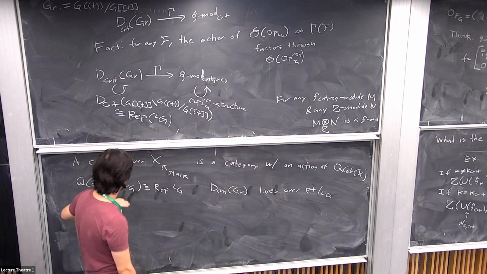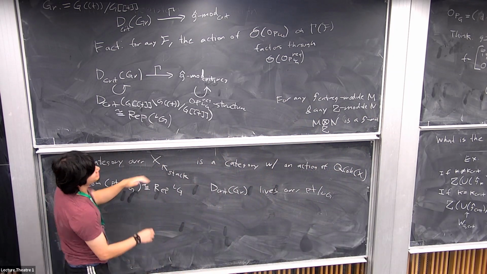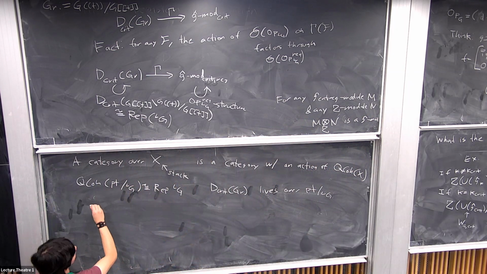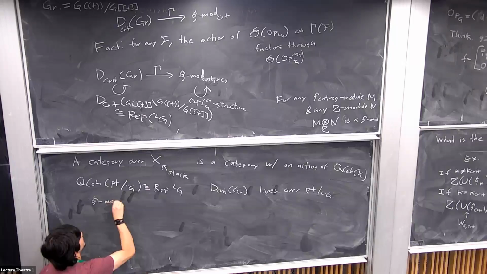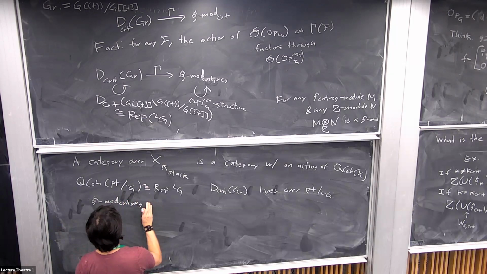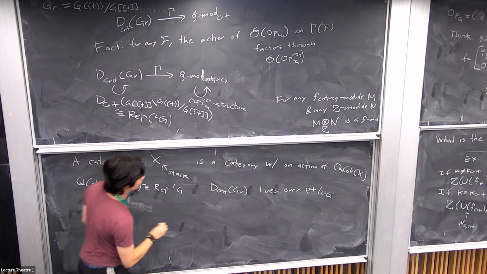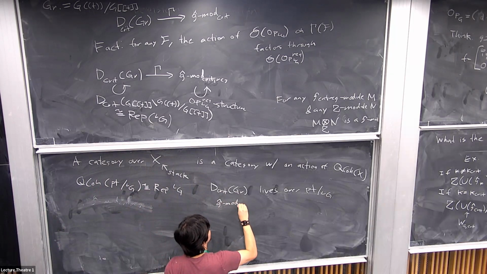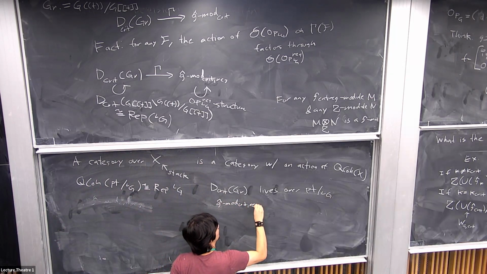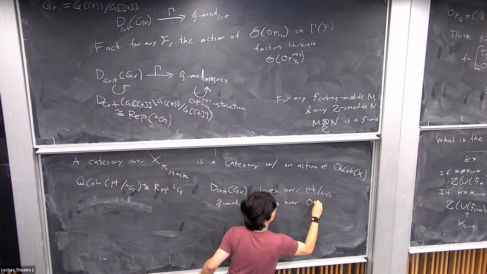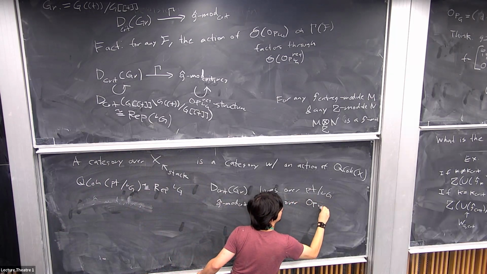Okay, so you have this statement, and because we have this tensor action, g-hat mod crit reg, oh, I'm supposed to write this on the right-hand side, lives over op LG.